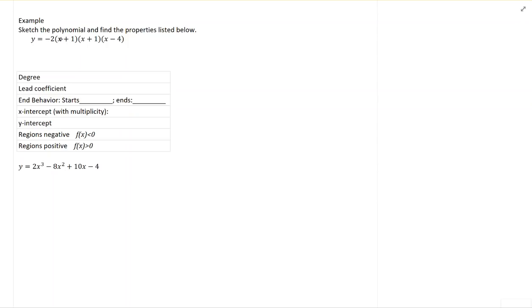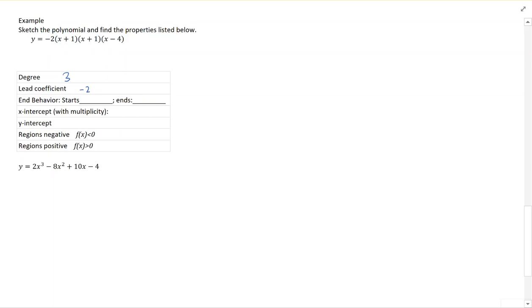Since we have three factors here, x times x times x, we know at most it could be x cubed. So we are looking at degree 3. Now, the lead coefficient. If you multiply out these x's, we have x to the 3, and then this -2 will just multiply in. So our lead coefficient must be -2.